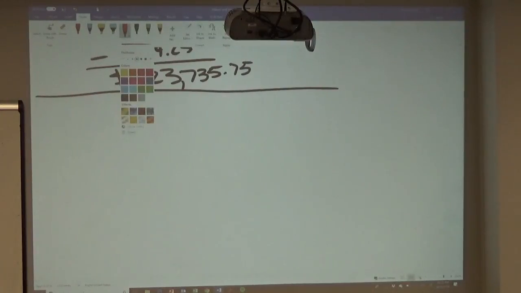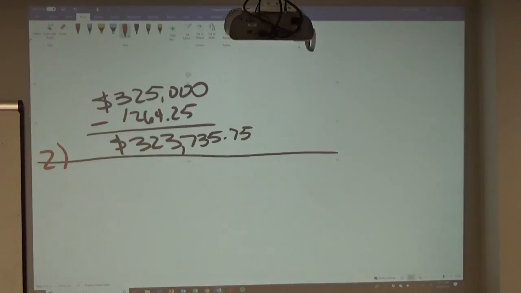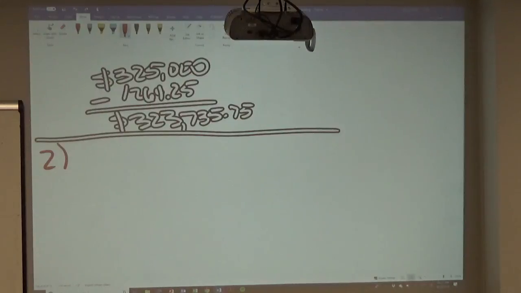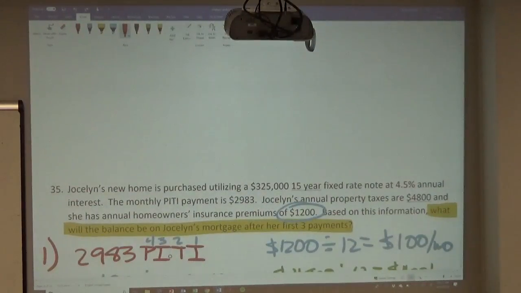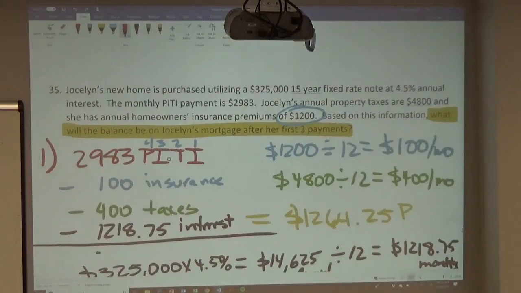The good news is we don't have to reproduce all of that work, because we know a lot of the same exact things that we knew from payment number 1. Okay? So let's look at it. We still know the monthly payment amount, which is still $2,983.